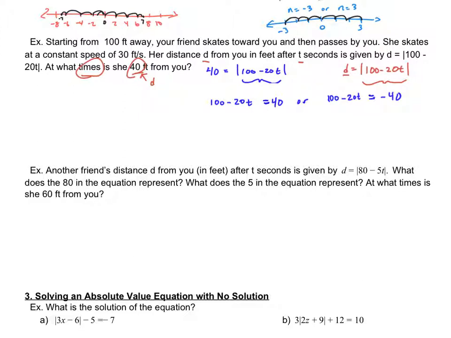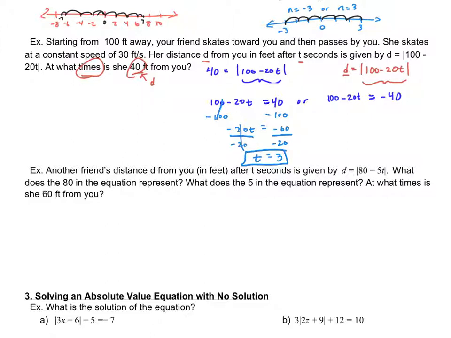Solving the problem on the left first, we're going to isolate our variable. We're going to have negative 20t equal to negative 60. Divide both sides by negative 20, our coefficient, and t is going to be equal to 3.